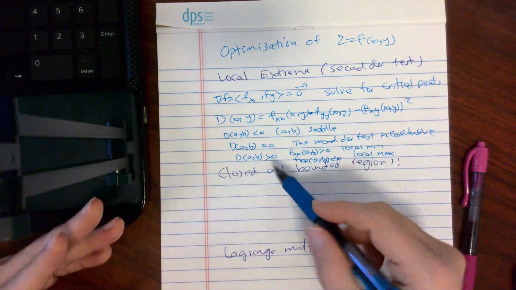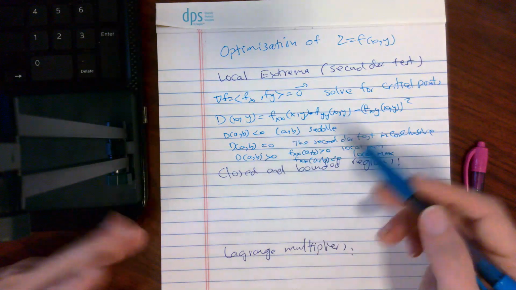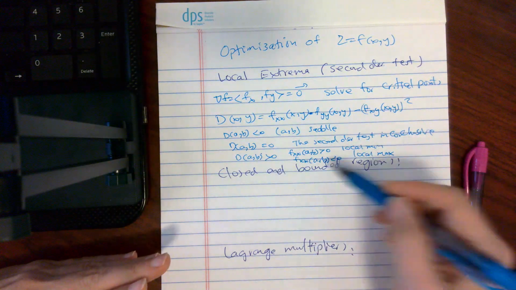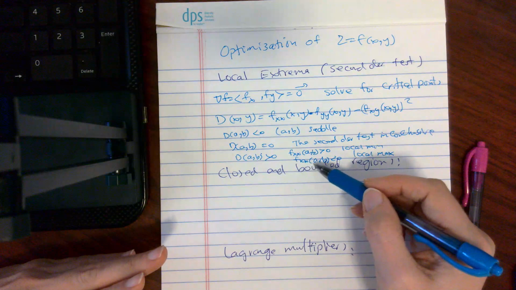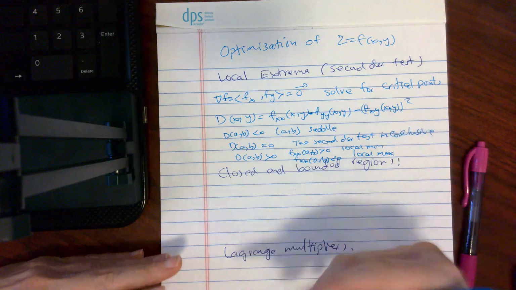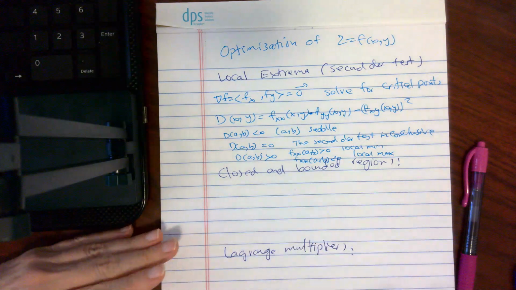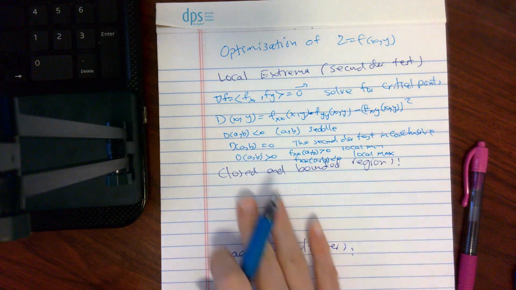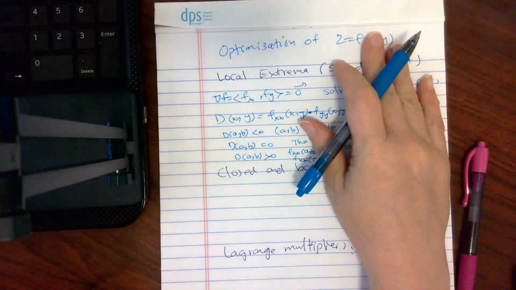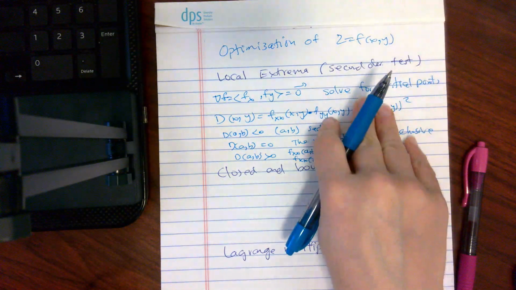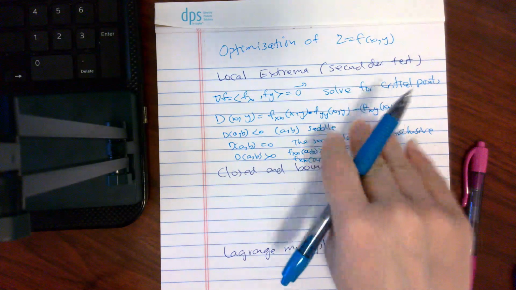And if D of a and b is bigger than 0 and f sub x x is less than 0 at a and b, then f sub y y has to be less than 0. That's just algebra. So this is a method of categorizing the critical points.